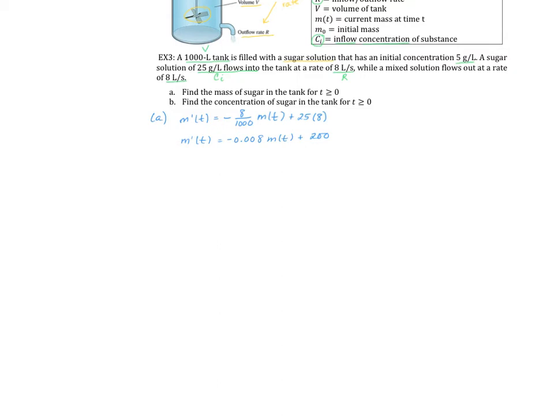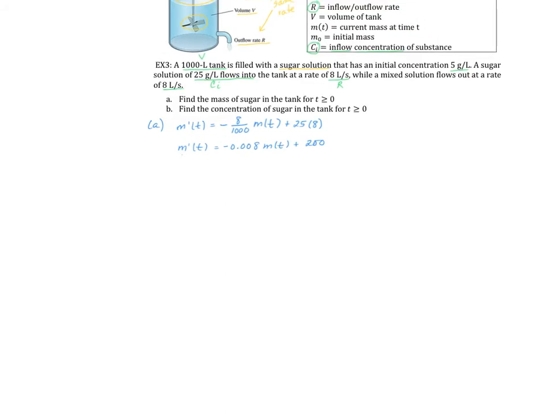This is that special first order linear form that we had in 9.4, where the m prime would be your y prime of t, the negative 0.008 is k, times y of t, and the 200 is b. So it's the kb form.